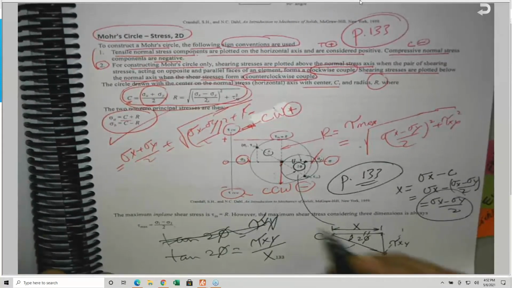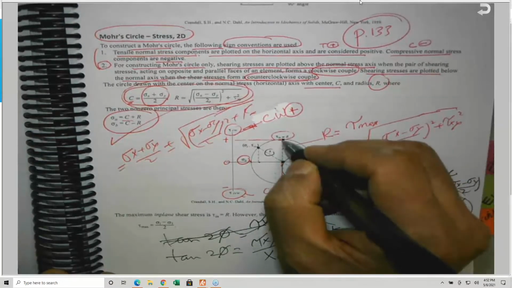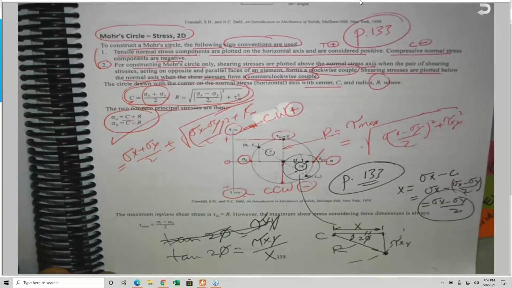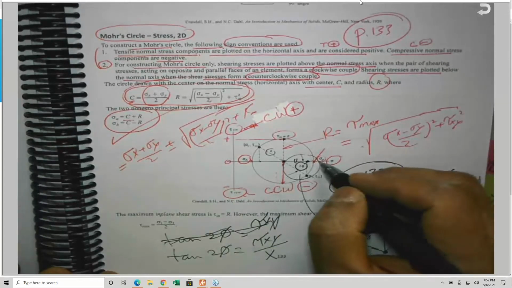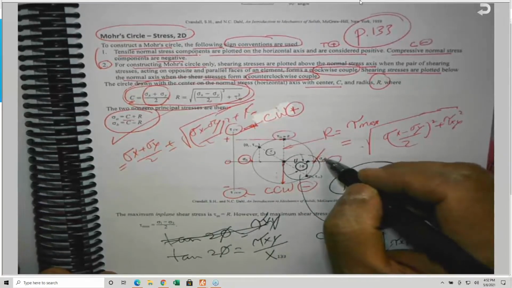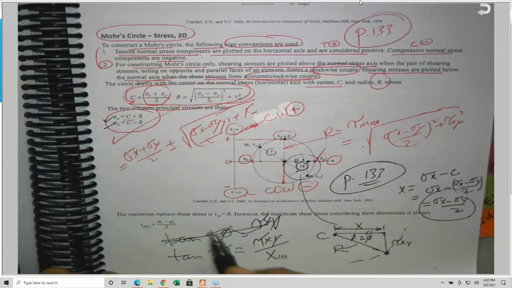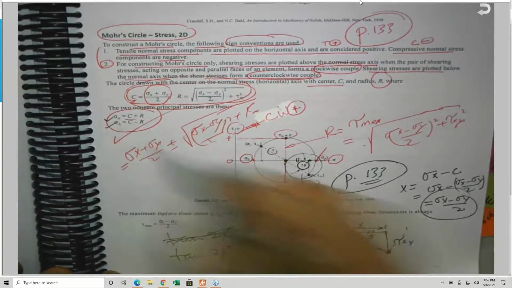So tau max is here, which is basically the radius. And sigma max is here, which is called the maximum principal stress, sigma A, and sigma B. Here they define it: sigma A is the max.